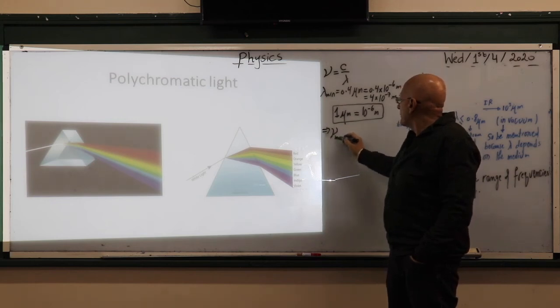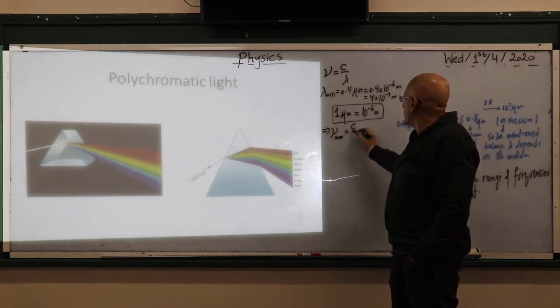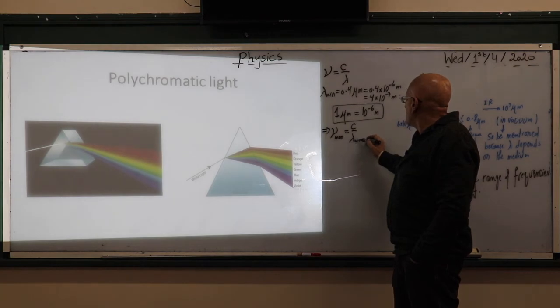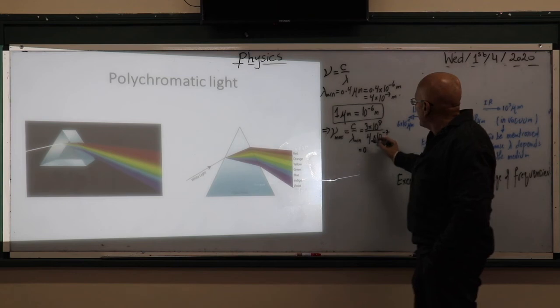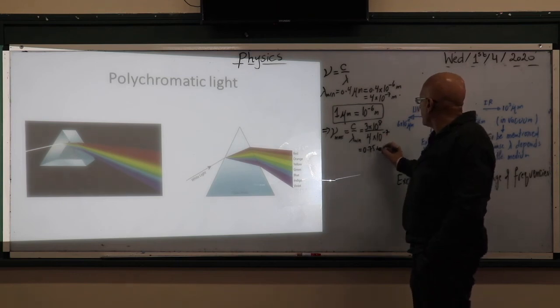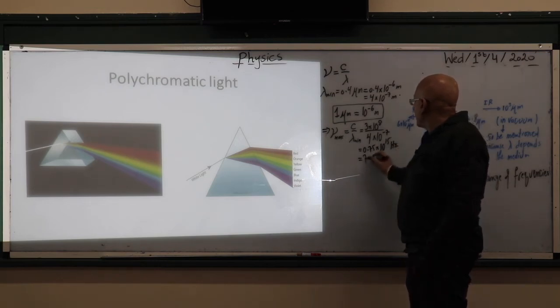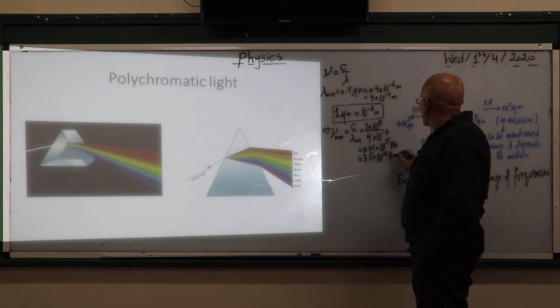Frequency maximum is equal C over lambda minimum, which gives 3 times 10 power 8 over 4 times 10 power minus 7, which gives 0.75 times 10 power 15 hertz, or 7.5 times 10 power 14 hertz.